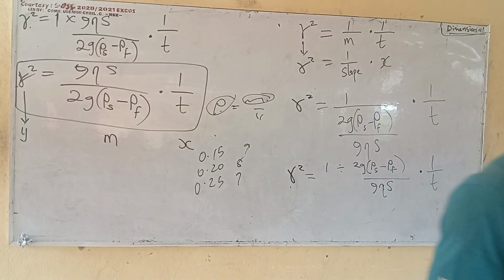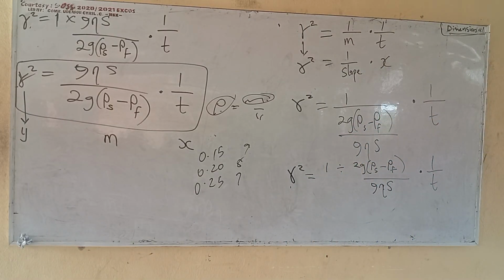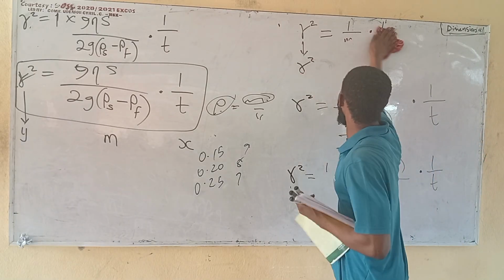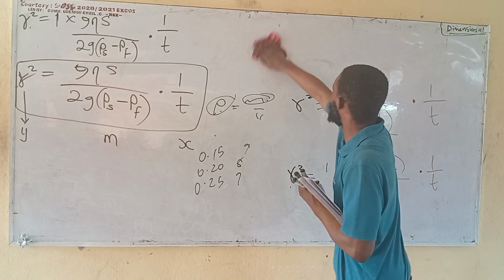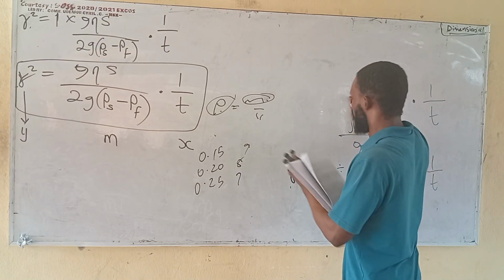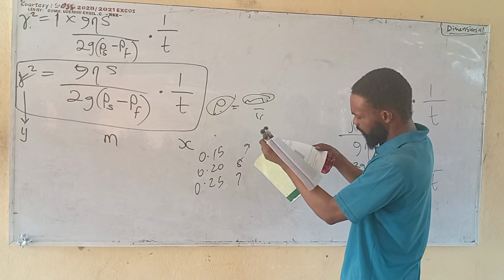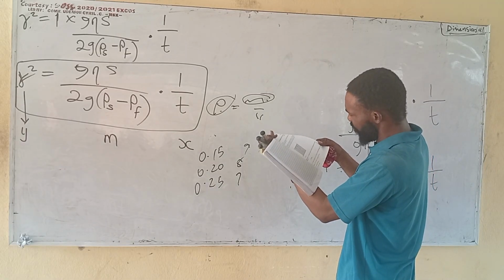So now let's go to the table. Those of you that have page 168, if your own is page 168, that is, you are having the old manual.